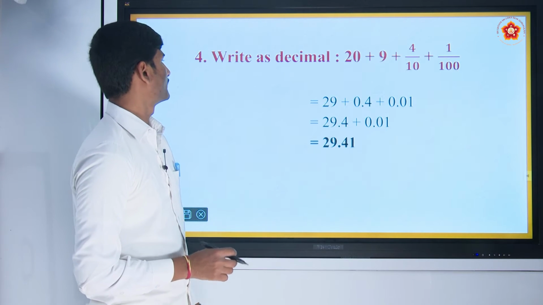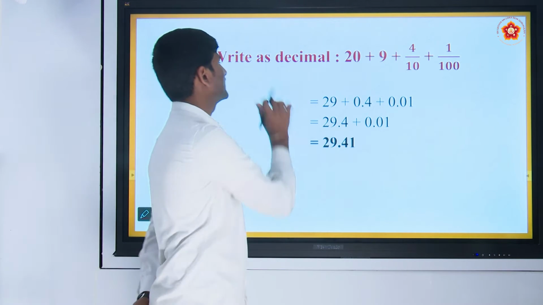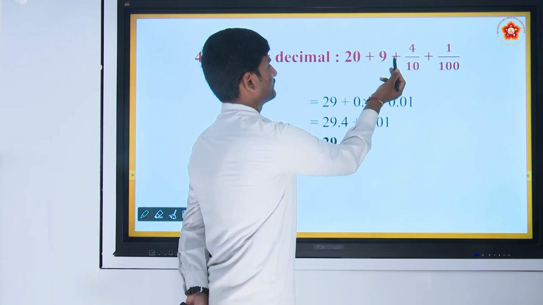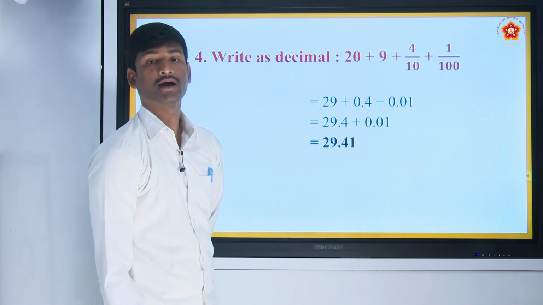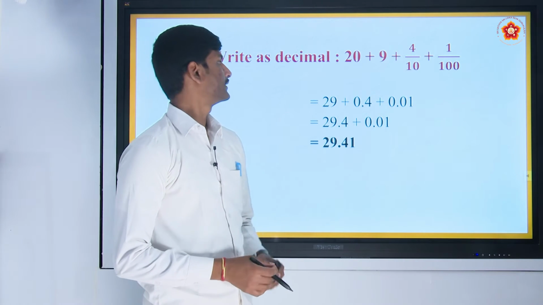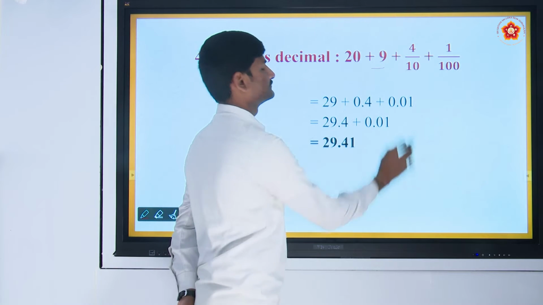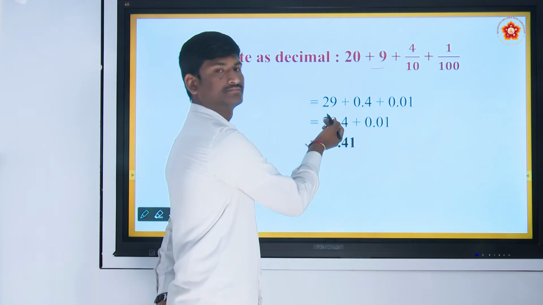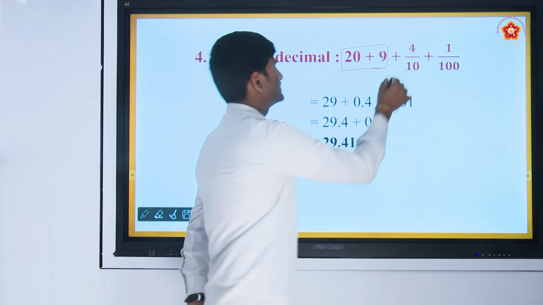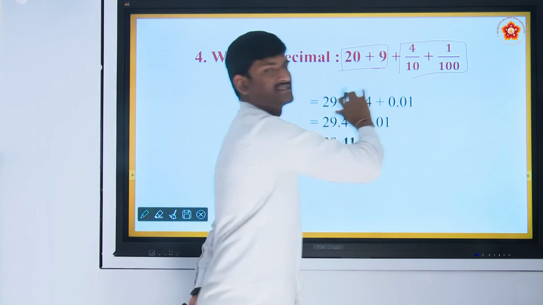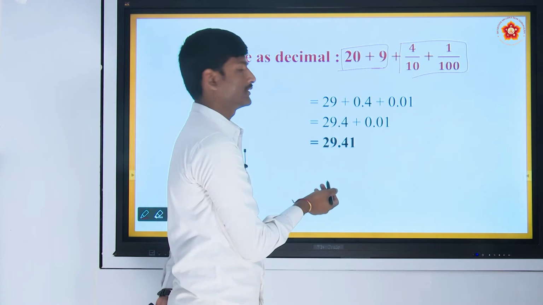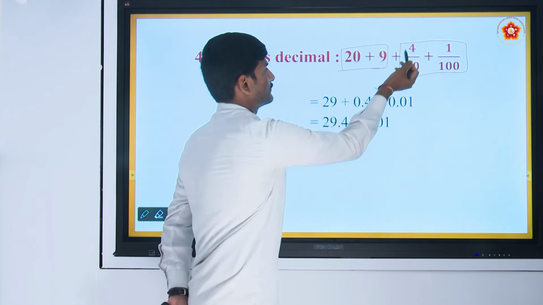Then fourth one, write as decimal: 20 plus 9 plus 4 by 10 plus 1 by 100. How to write in decimal form? Here 20 plus 9 is 29. This is the whole number part. The rest is the fractional part, meaning the decimal part after the point.